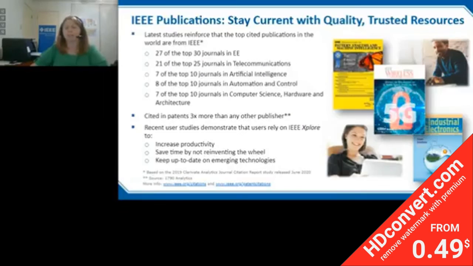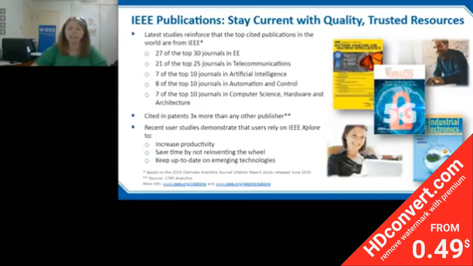IEEE content is also very highly valued and highly cited. So one metric we look at is the journal citation report from Clarivate Analytics, which looks at how often journal articles are cited by other journals. And IEEE publishes many of the top cited journals in our core areas, including electrical engineering, telecommunications, computer science, and so on.